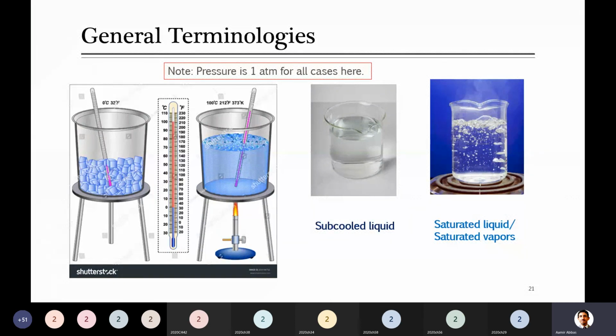As well, the vapor just formed from this is called saturated vapor because it is just formed and will be at the same temperature, which is 100 degrees C.